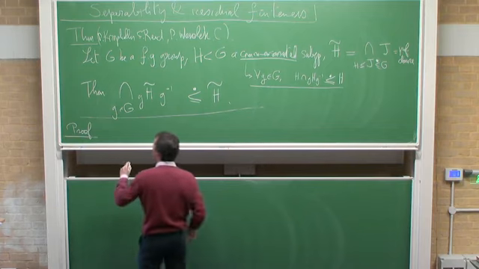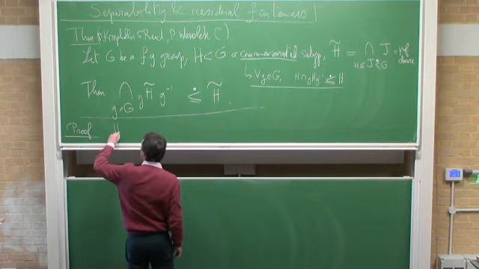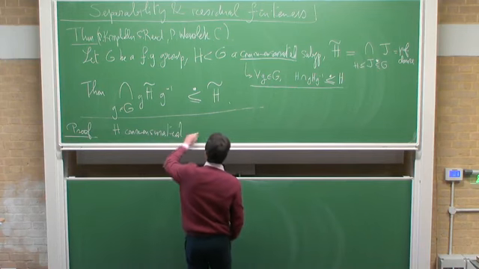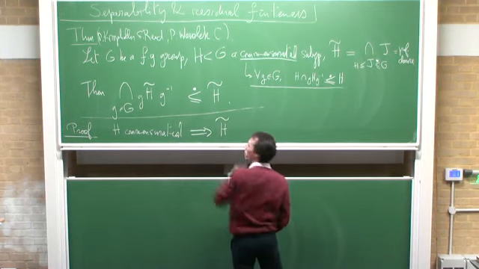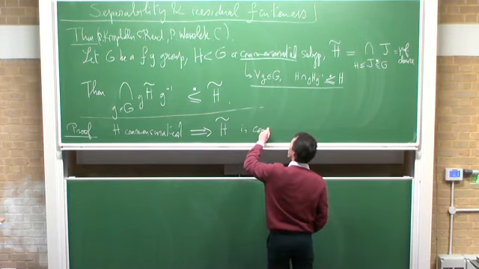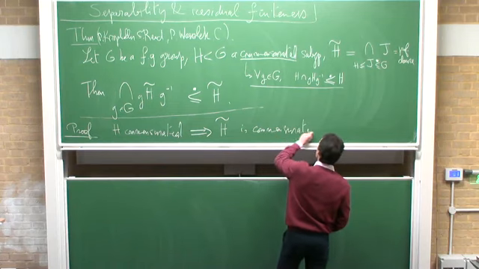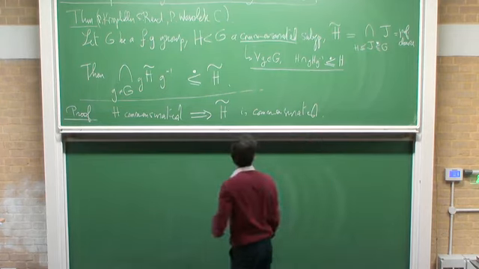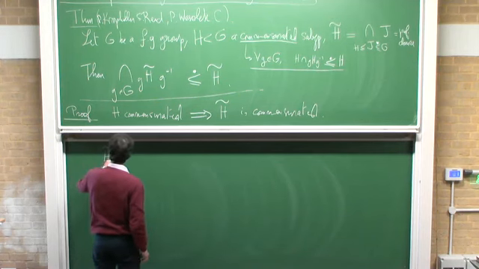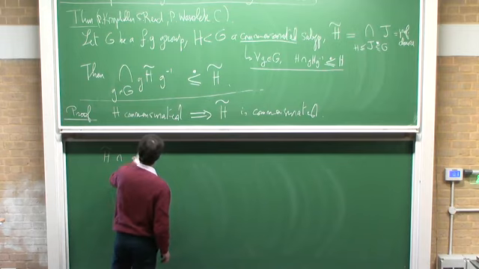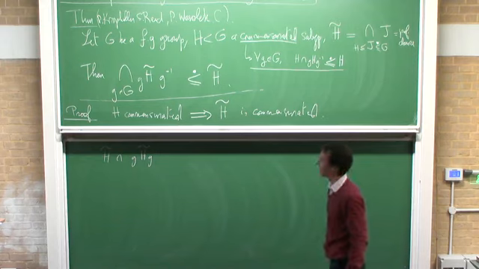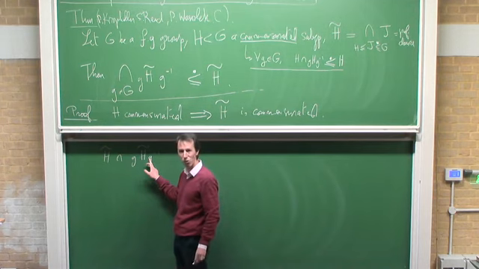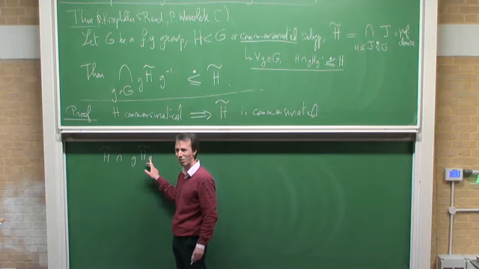Okay, so the first observation is the fact that H, being a commensurated subgroup, implies that also the profinite closure is commensurated. Why is this? If you take an intersection of H tilde with a conjugate, this is an intersection of two closed sets in the profinite topology.